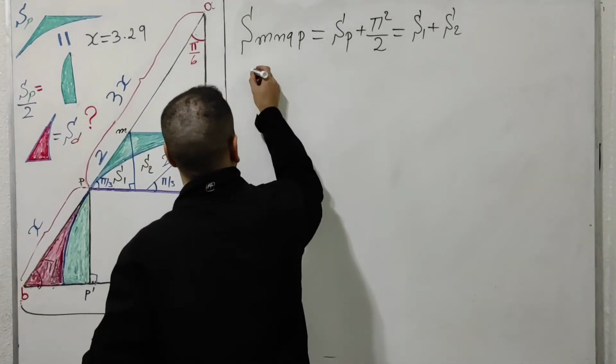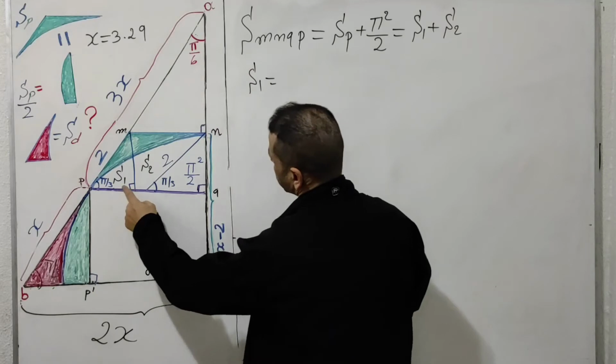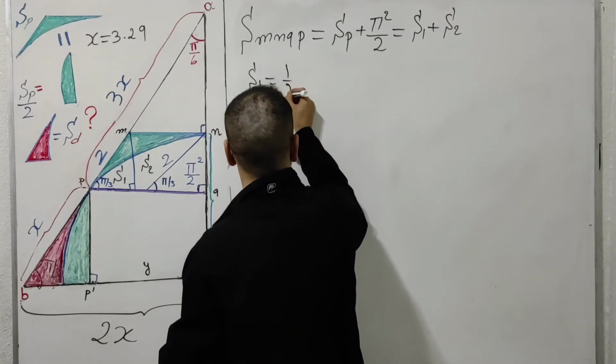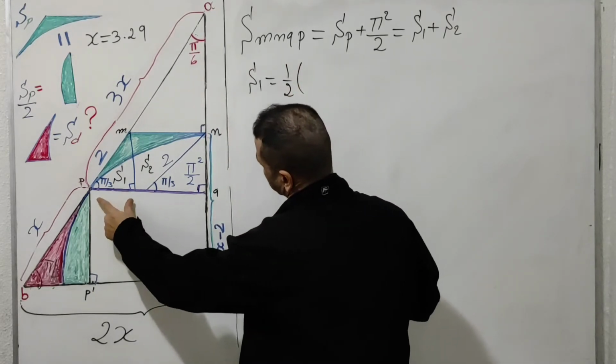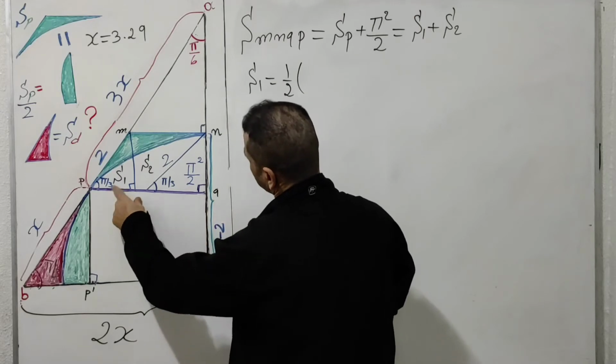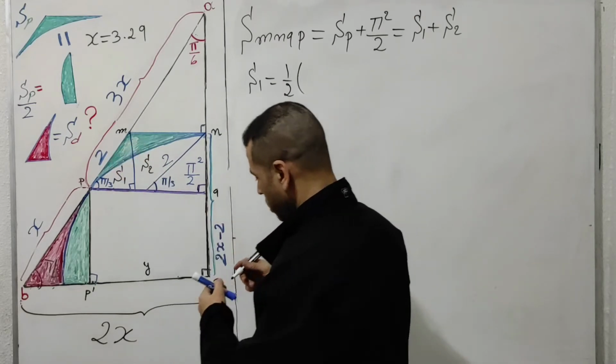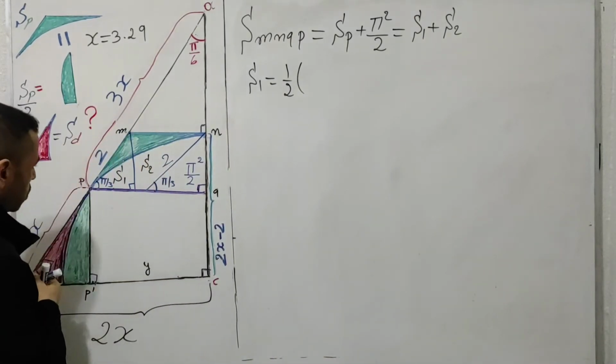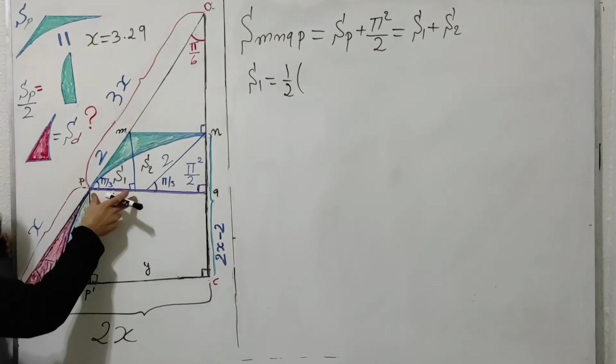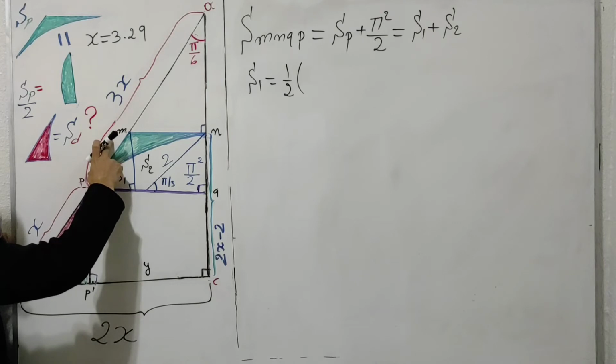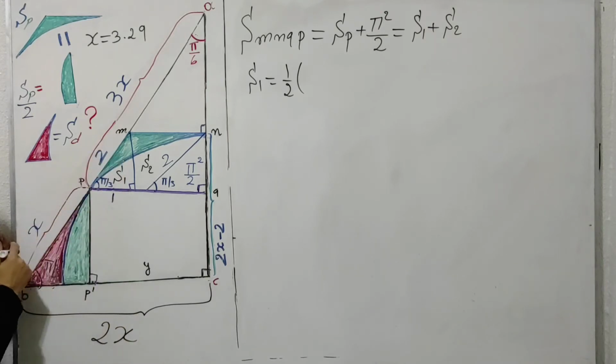Let's calculate S1 first. So the area of this small triangle is a half, multiplied by the base, this is the base, and multiplied by the height. The base equals 1, because this distance equals cosine pi over 3 multiplied by 2. Cosine pi over 3 is a half, multiplied by 2, which gives 1.